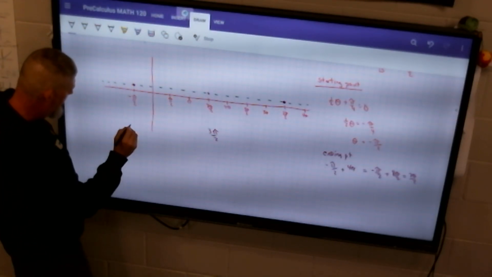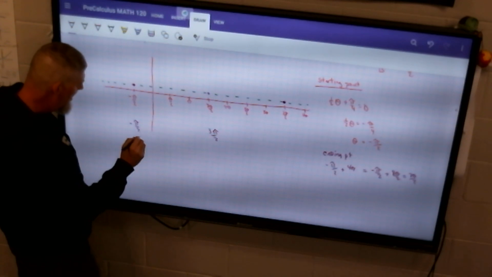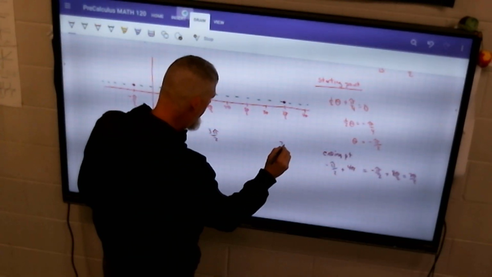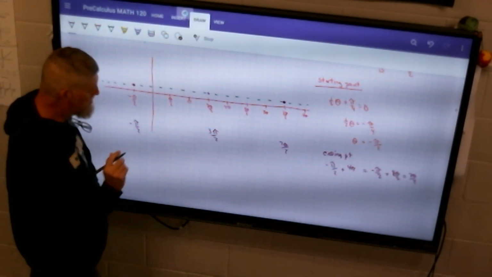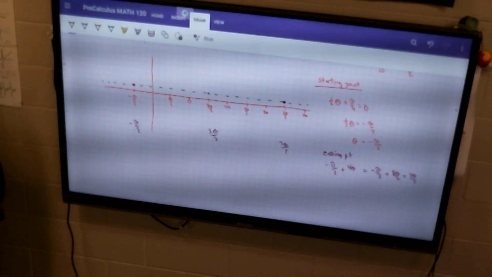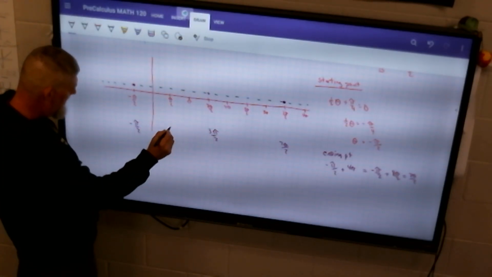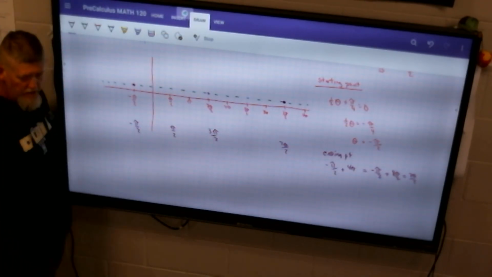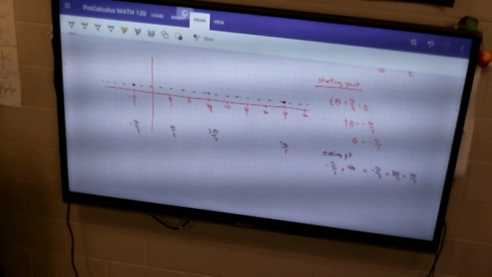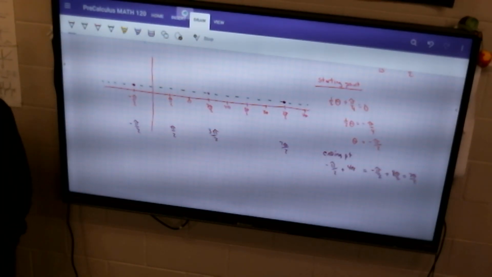So we have our starting point at -pi over 2. We have our ending point at 7 pi over 2. Our midpoint is simply right in between. So the next point should be pi over 2. Yeah, the middle between -1 pi over 2 and 3 is actually going to be pi over 2 right here. Now, Shawan, since you volunteered that, you need to tell me what point do I graph?